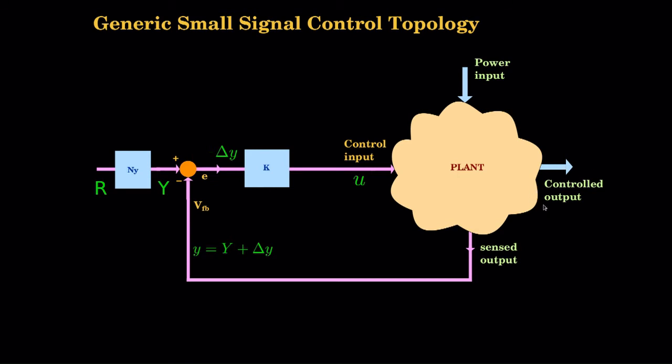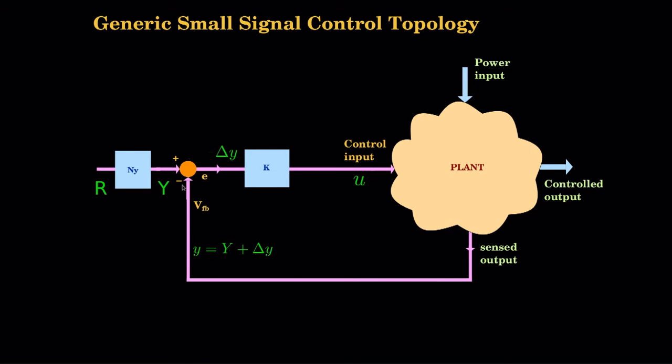You would like this to be controlled. Fine. This is fed back. Feedback need not necessarily exactly be same as this. Do you get the difference there? This is the controlled output, the output that you actually want to regulate, and this is fed-back signal.